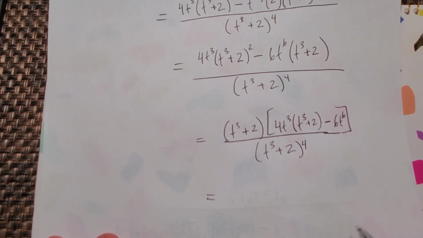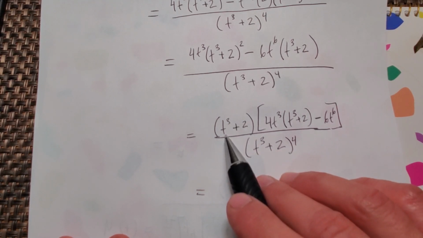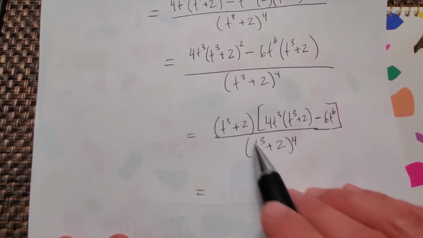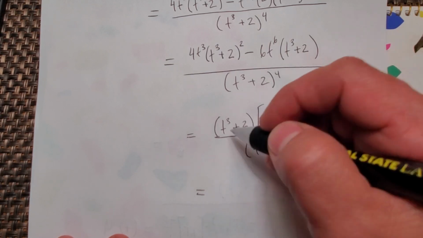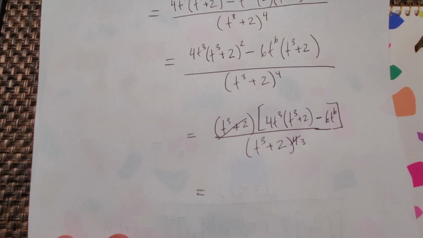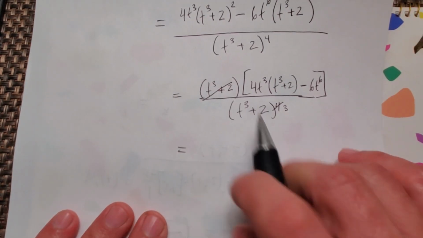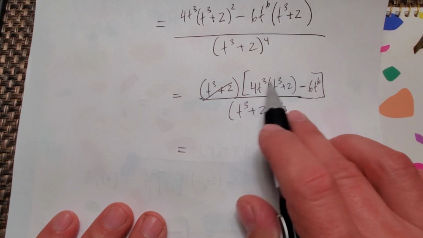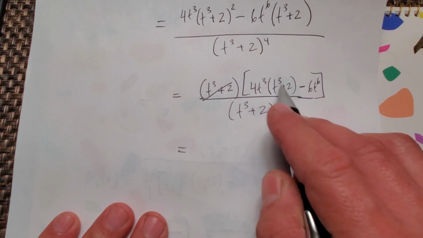Let's continue. Notice that I have 1 factor of t cubed plus 2 in the numerator and 4 factors of t cubed plus 2 in the denominator, so I can cancel some stuff out. That's going to be a good move for me. Now on the top, I am going to distribute. I'm going to go 4t cubed times each of these.